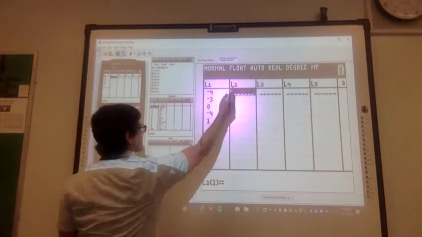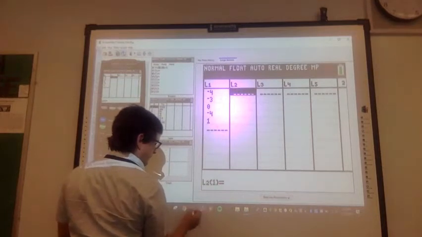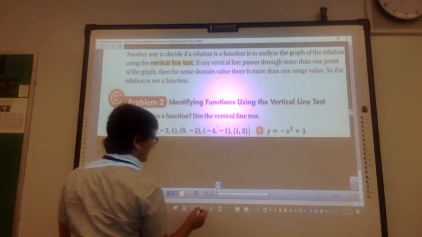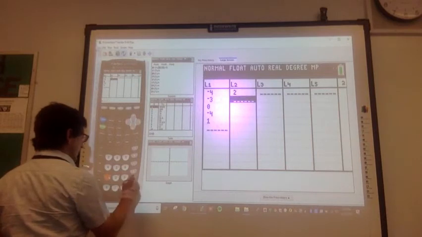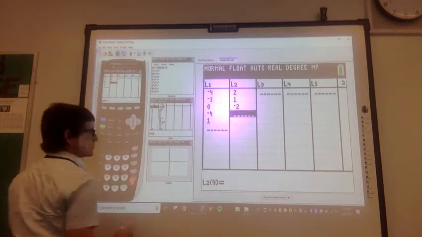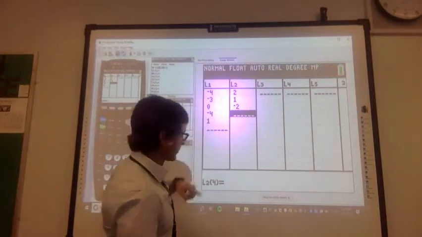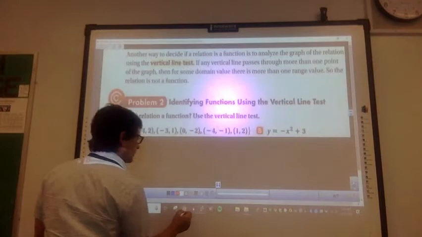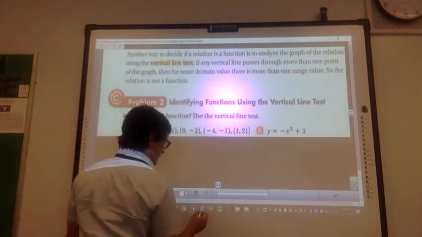My L2 list up here is my y values. Y values are 2, 1, -2, -1 and 2. So I'm entering these in as the ordered pairs appear in the problem.